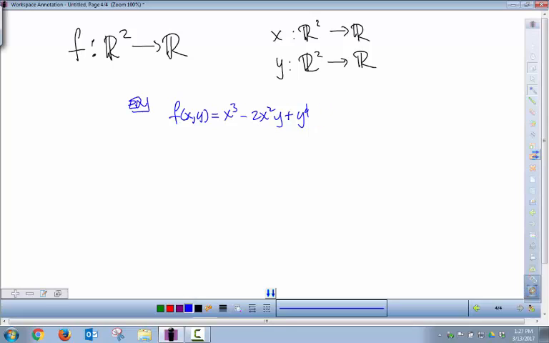And let's say x is equal to r cosine theta, y is equal to r sine theta. Kind of looks polar, huh? Yeah. So let's say this is your relationship between x and y. And then now I want to take the derivative of f with respect to theta, or with respect to r.